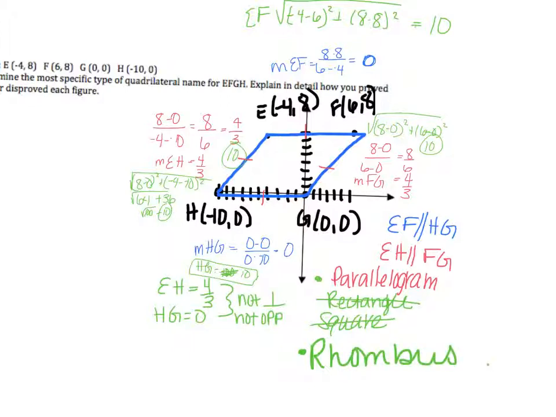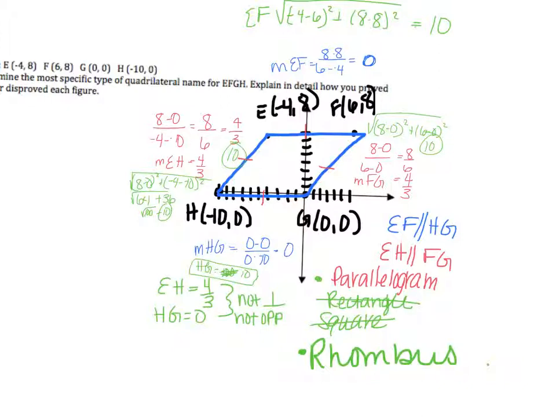Okay, so I always start with the slopes of each side and see if I can determine anything. If both pairs of opposite sides are parallel, that means it's some type of parallelogram. I just have to filter down that quad family tree. If only one set of sides is parallel, that means it's a trapezoid. And then from there, I would try to prove whether it's an isosceles trapezoid by seeing if the legs are congruent.